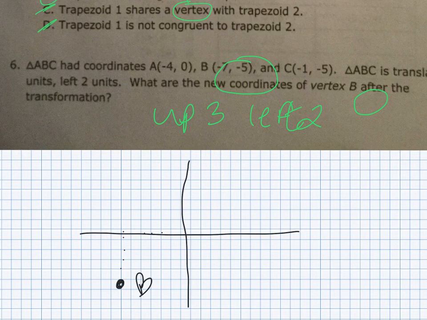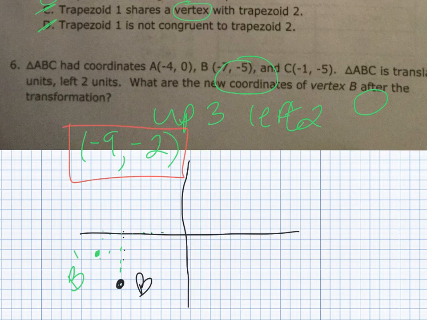I'm going to go up 3, 1, 2, 3, and to the left 2, 1, 2. And there's my new point B. Okay, so that ordered pair is 1, 2, 3, 4, 5, 6, 7, 8, 9. So -9 and down to -2. So that's your answer.